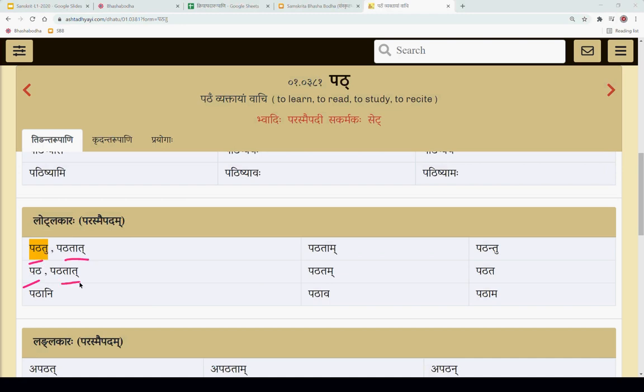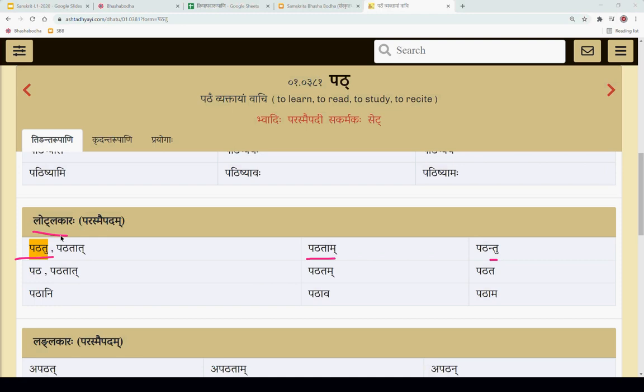However, this Patatat form is very specific to a certain sense. Now, Patatu, these forms, which are Lot Lakara forms, in what sense are they used?